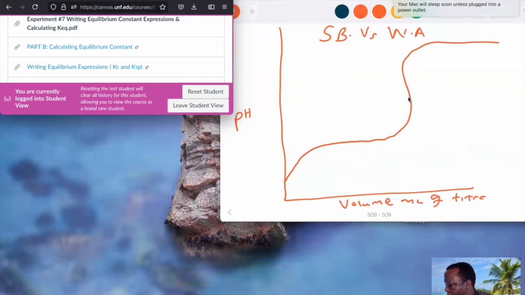As we add the titrant from the burette, the pH keeps on changing. Now, how are we going to use the titration curve? Here is the equivalence point.